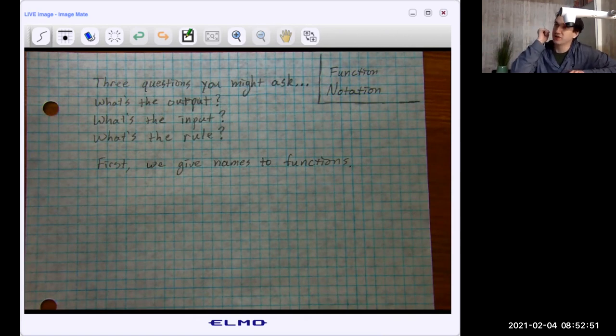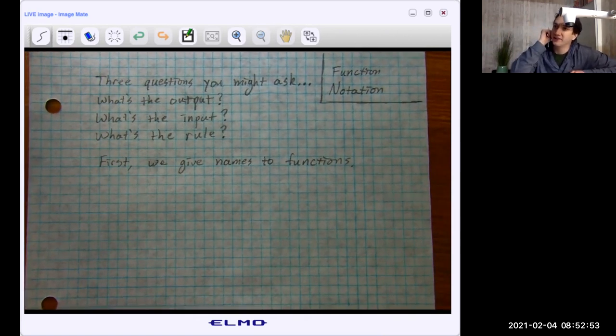We give names to functions, and we love letters in algebra, so we actually use letters for functions.